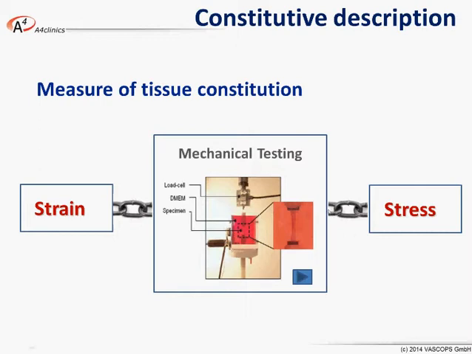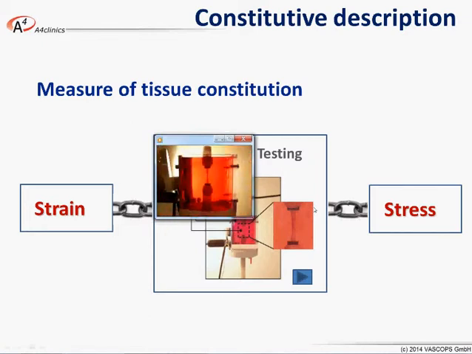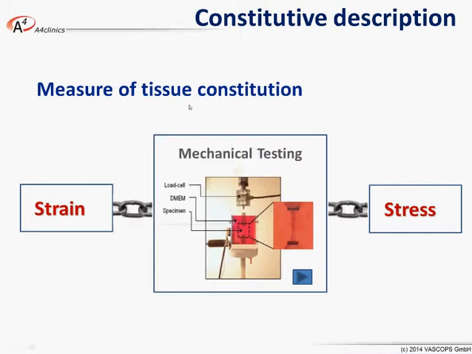This constitutive description is then identified through mechanical testing, so in vitro testing, and you see one of these tests here. That's a piece of intraluminal thrombus tissue, which is cyclically loaded, and then we measure the stress and the strain in order to derive this constitutive description.